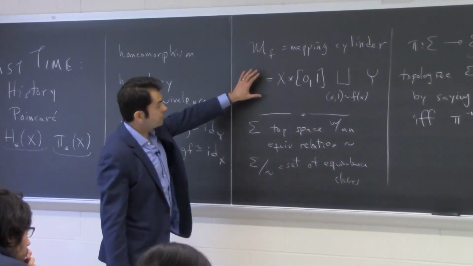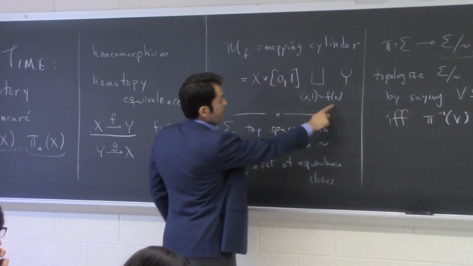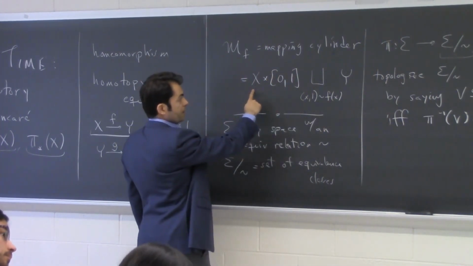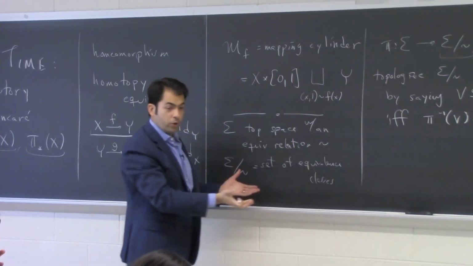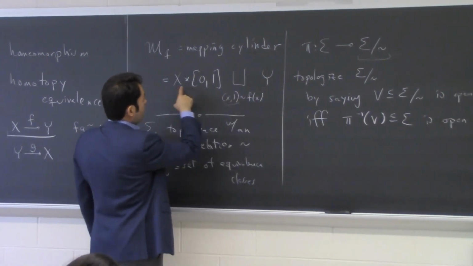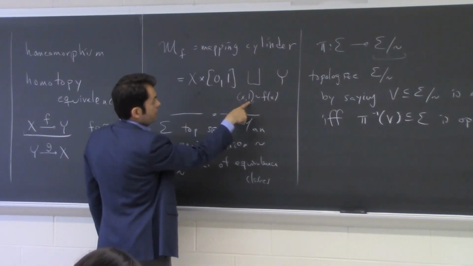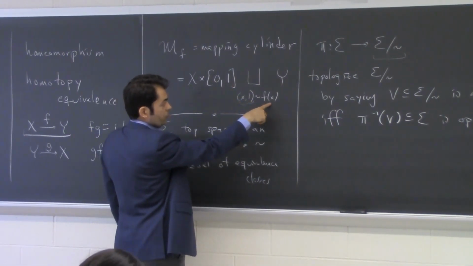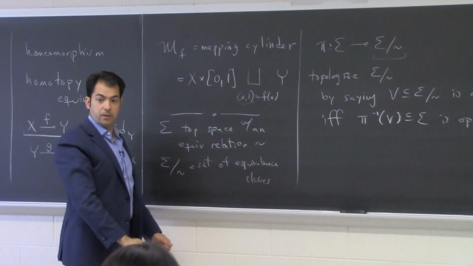Okay, so this is an instance where we're doing that. Our equivalence relation is every point is its own equivalence class unless you're at one of the points (x, 1), in which case the equivalence class also contains f of x in Y, right? Yes?